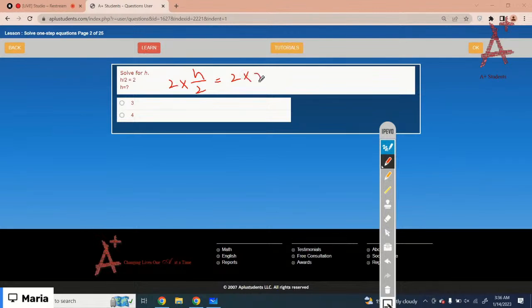Just multiply both sides by 2. So it would be 2 times h over 2 equals 2 times 2, which is 4. The 2 and 2 cancel out each other. You're left with h equals 4. So the correct option is h equals 4.